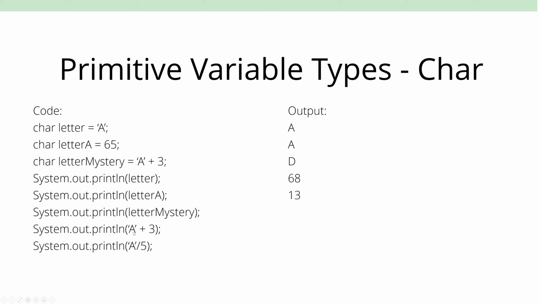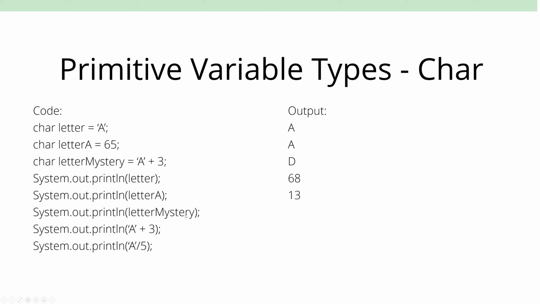Now, the last two are a little bit different, right? So what is capital A? The decimal value for capital A is 65. Now, what if I add 3 to it? Well, it's 68. Wait, Mr. Wang, what's different between that line 3 code and this one? Well, if you notice, letterMystery is being declared as holding a character.